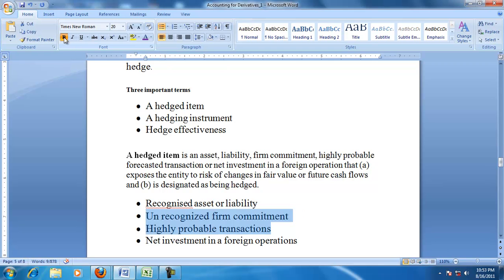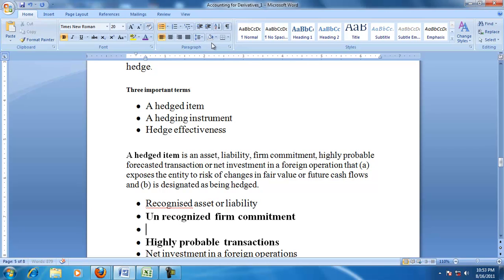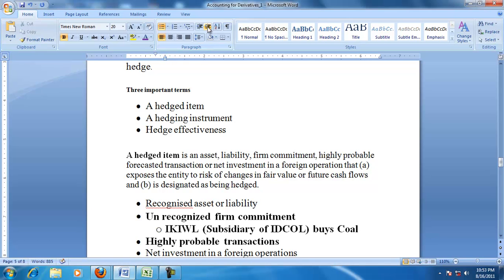That means, for example, one of the companies, let's say KIW, Kalinga Iron Works Limited, a subsidiary of IDCOL, buys coal from Coal India, CIL, and the price is highly market driven.